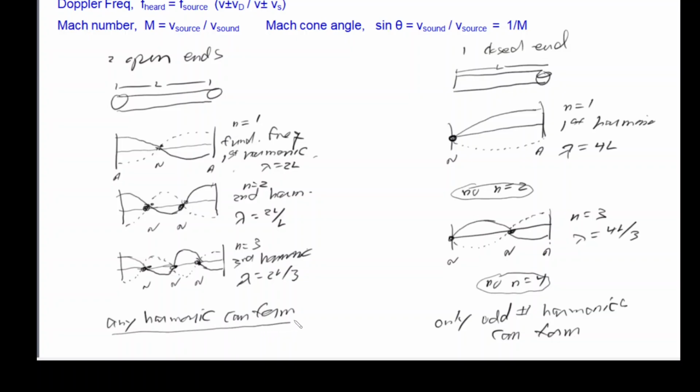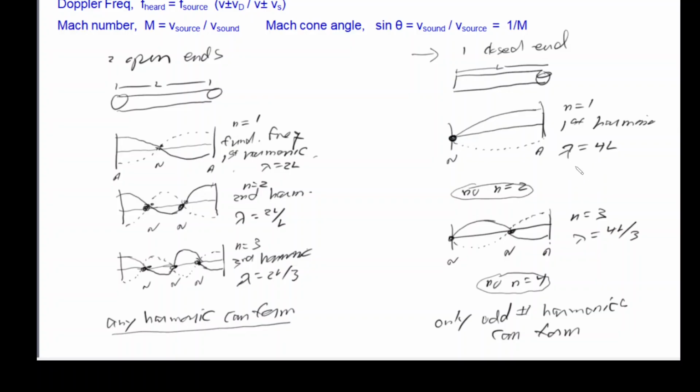However, when you have a closed end on a pipe, that restricts which harmonics can form due to the standing waves that can form. In this case, there has to be a node at the closed end of the pipe and an antinode at the open end. So the first harmonic would give you 1/4 of a wavelength.